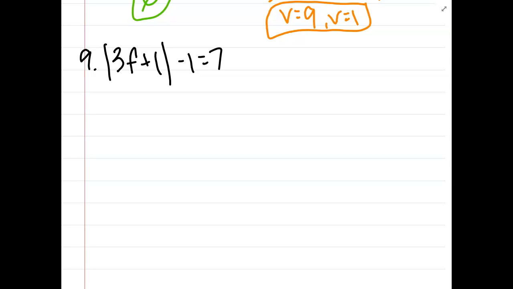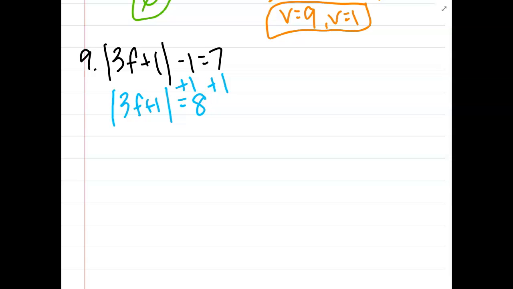There's kind of a lot going on here, but what's the first thing I need to do? Now, great idea. I need to get rid of the negative 1, okay? I would divide by negative 1 if it was 3f plus 1 times negative 1. Is this times negative 1? It's a minus 1, isn't it? Right? So you would add 1. Yeah. Very good. So we have the absolute value of 3f plus 1 equals 8.